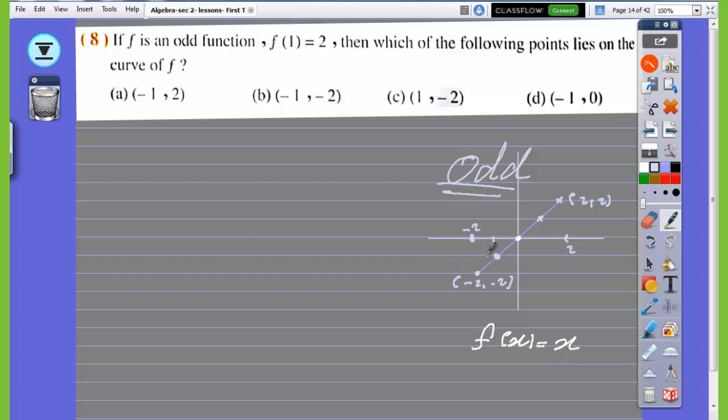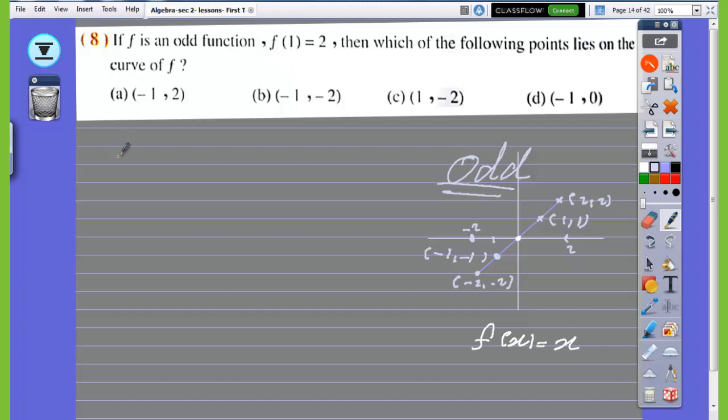If you have a point here, negative 1 and negative 1, its image must exist at 1 and 1. Okay, so we have 2 points here.